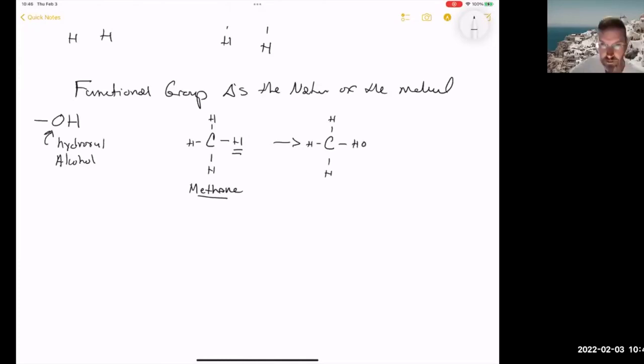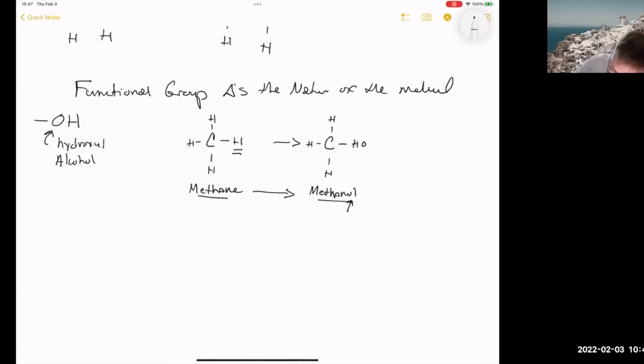I will create an alcohol. I will turn methane into something called methanol. Methanol. The OL tells me that that is methane with an alcohol group. And now, instead of a colorless, odorless, explosive gas, I have a liquid. I have a flammable, toxic liquid, right? Methanol is very toxic.